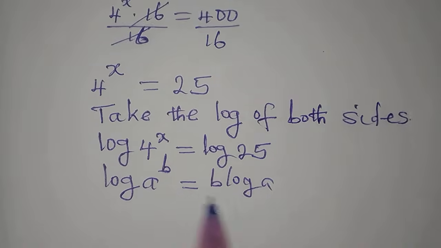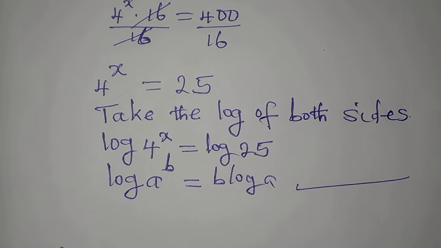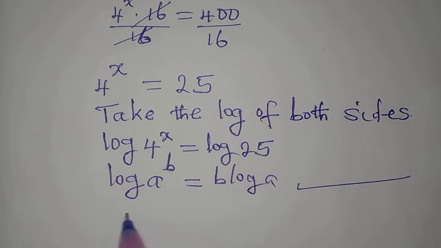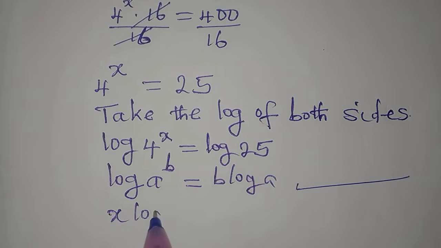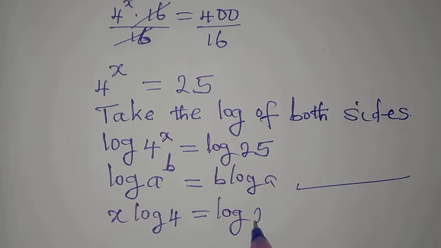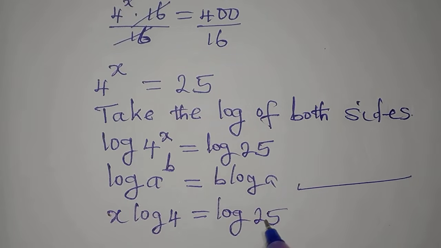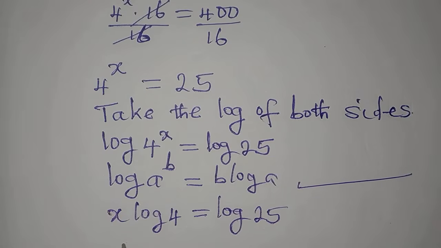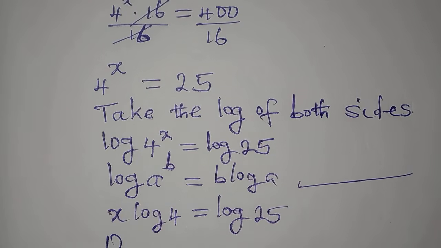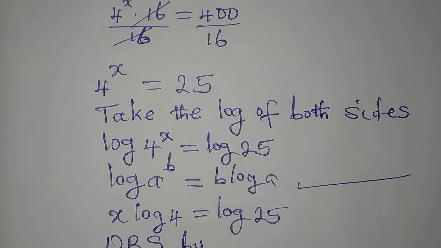So to obey this law, x will go behind so that we will have x log 4 equal to log 25. Now we can get the value of x as we divide both sides by log 4.